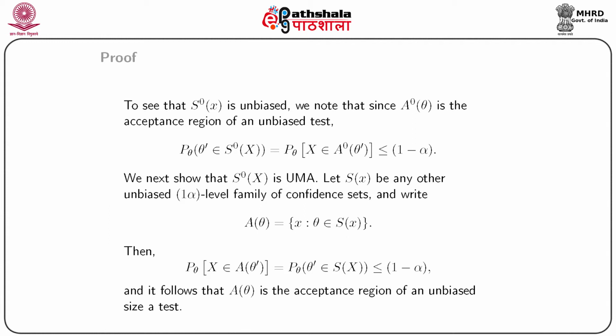Let S(x) be any other unbiased 1 − α level family of confidence sets, and we write A(θ) equal to the set of all x such that θ belongs to S(x). Then P_θ(x ∈ A(θ')) = P_θ(θ' ∈ S(x)) is less than or equal to 1 − α, and it follows that A(θ) is the acceptance region of an unbiased level α test.